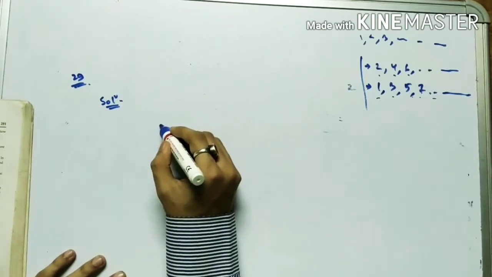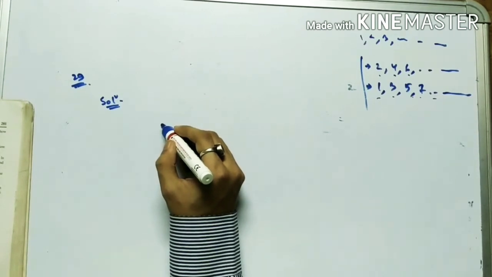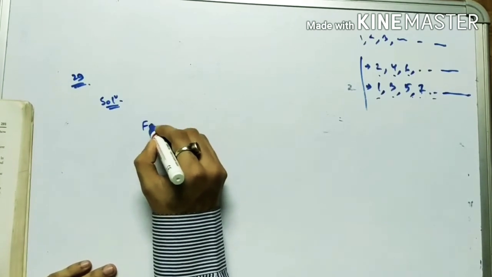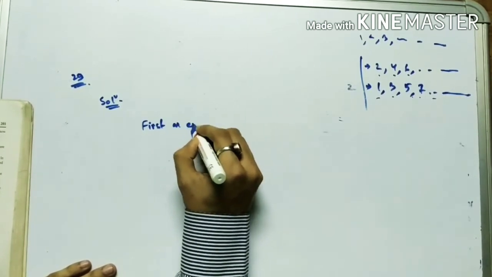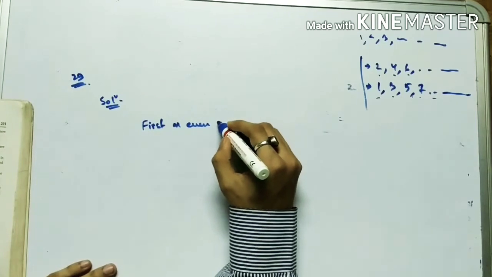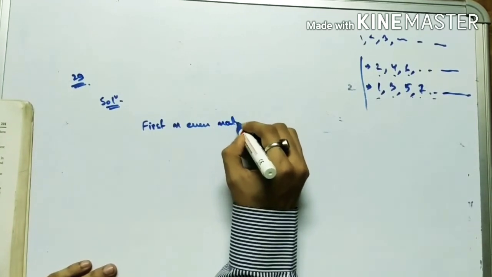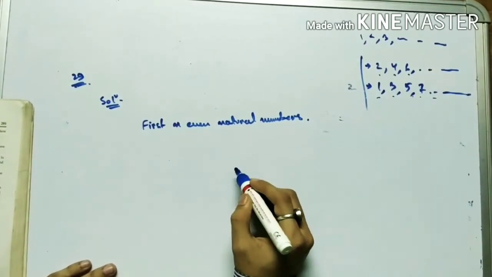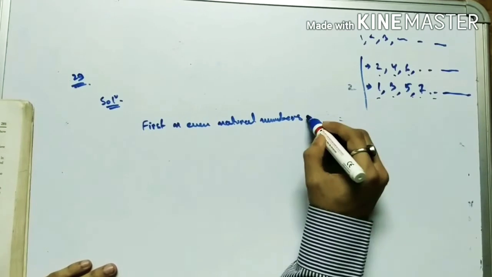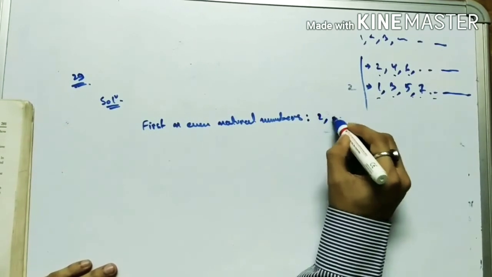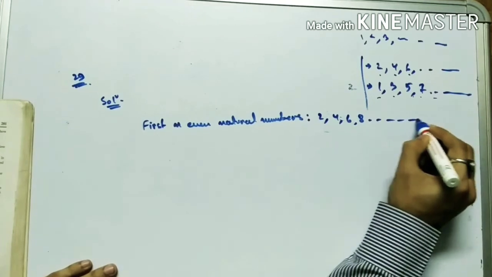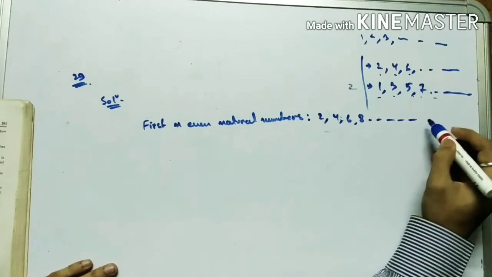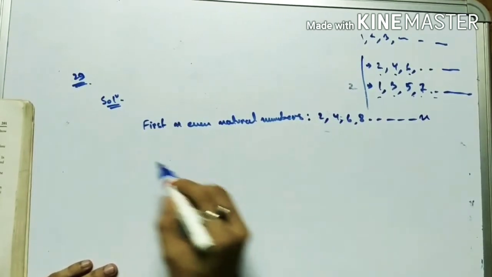So first of all, I will write the first n even natural numbers: 2, 4, 6, 8, and so on, up to n terms.